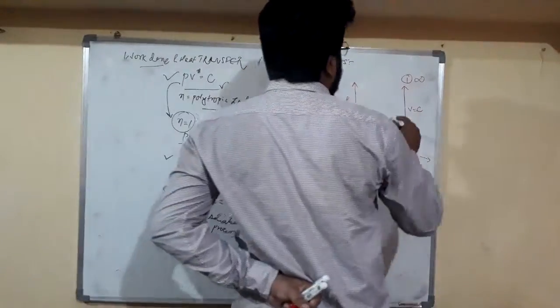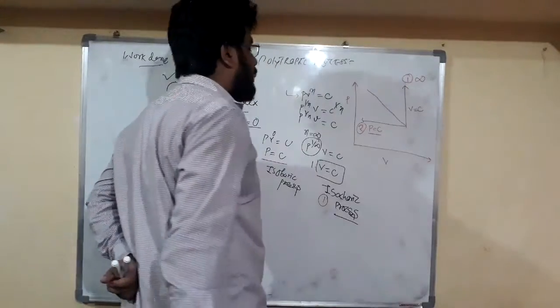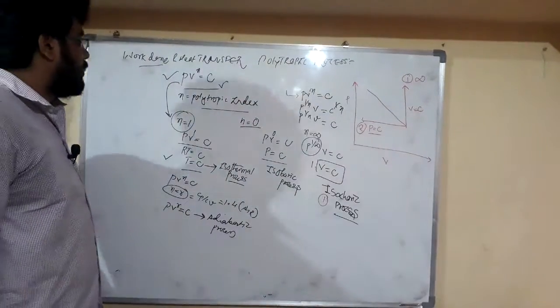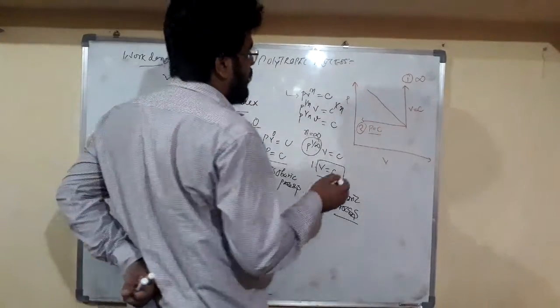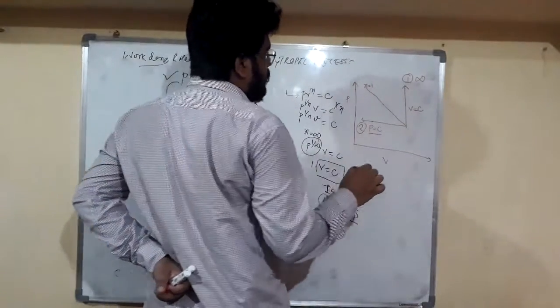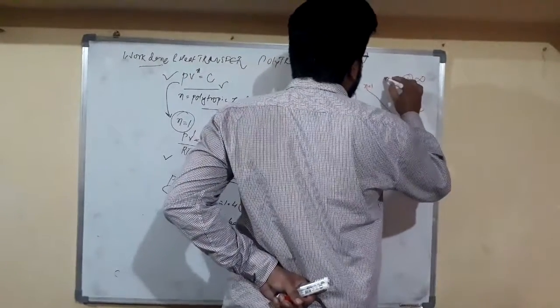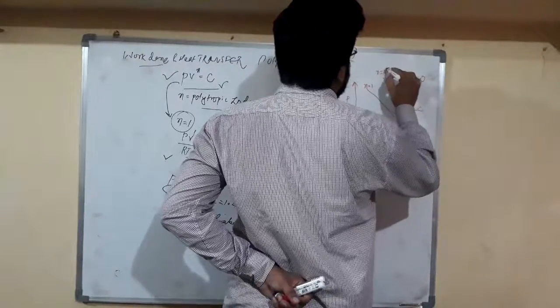And dear friends, if n is equal to 1, then it becomes PV equal to constant. So friends, here n is equal to 1. And this is our adiabatic curve, n is equal to gamma.